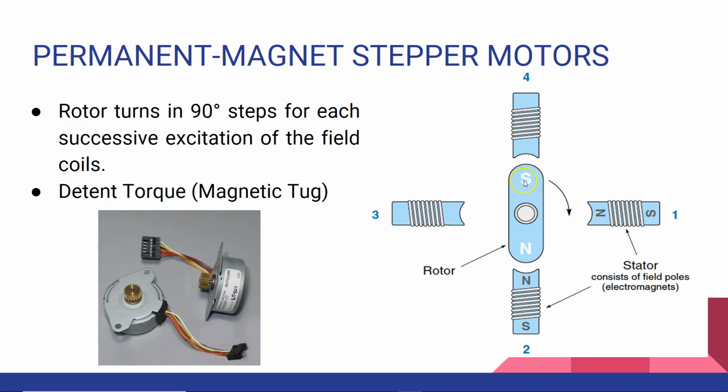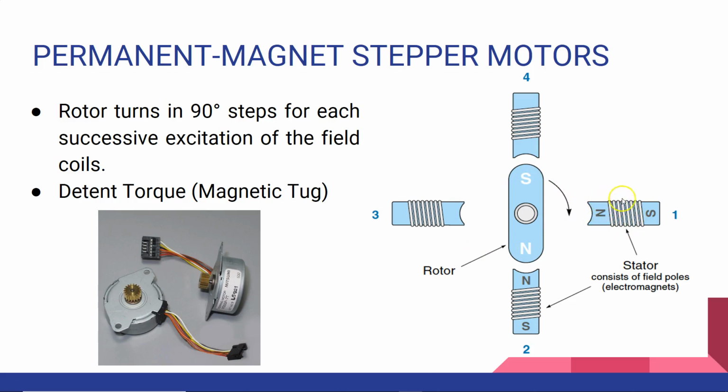So this south pole of the rotor will try to align to this coil once it is energized. And then what will happen when coil 1 is de-energized? When this is de-energized, at that instant coil 2 is energized. So in case 1, when coil 1 was energized, the rotor moved towards the right.